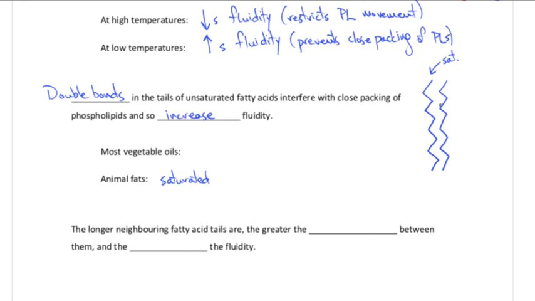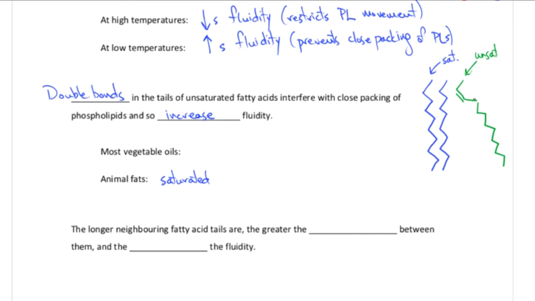In contrast, if we put a double bond in there, something like this, that's going to create a kink that then prevents close packing of this hydrocarbon tail, this fatty acid, with this one. And so this is an unsaturated hydrocarbon. Again, if I drew the carboxyl group at the top, we could turn it into a carboxylic acid.